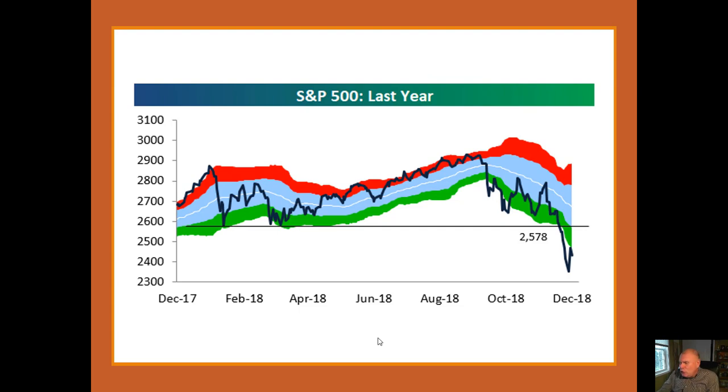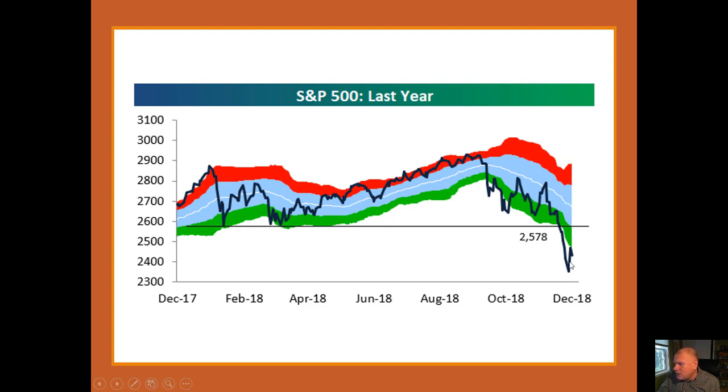But this chart is the S&P 500, which you know what it is, and what the red indicates is relative strength. If we put in relative strength and show that it's overbought, the red is overbought, the green is oversold. This dark blue is the actual closing point of the S&P, and this line here is the 50-day average.